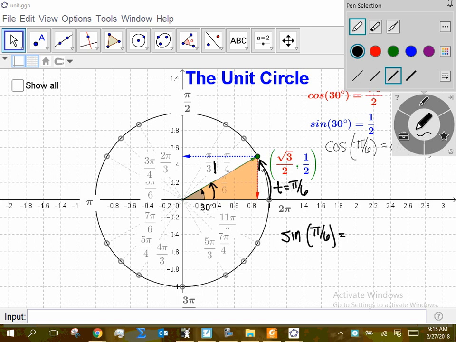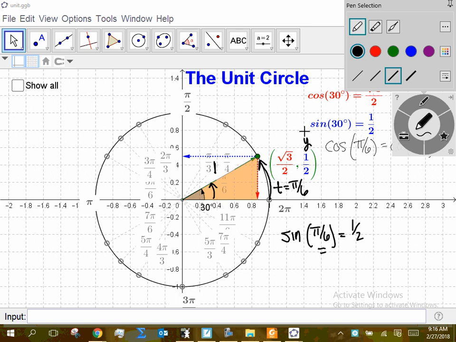Well, the opposite side is this vertical distance. My hypotenuse is 1. So the sine is just whatever that vertical distance was. Does that make sense, everybody? And that vertical distance is just that y value right there. Okay? So we would say sine of pi over 6 is 1/2. If you evaluate that on your calculator, make sure you're in radians, it will spit back 0.5 to you.